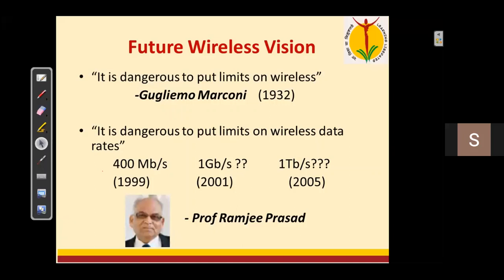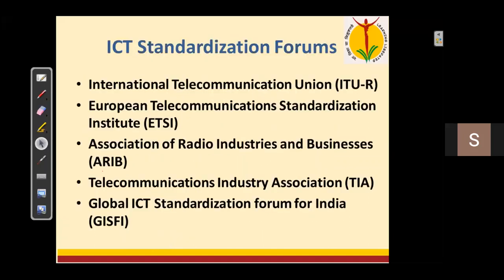But my mentor, my guru, Professor Ramjee Prasad, who is a director at Aalborg University, put it in the year 2005 that it is very dangerous to put limits on the data rate. You can see that day by day the data rate is increasing. In 2005, we were able to transmit data at 1 terabit per second. That is the advancement in technology.